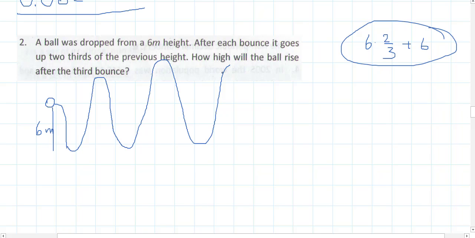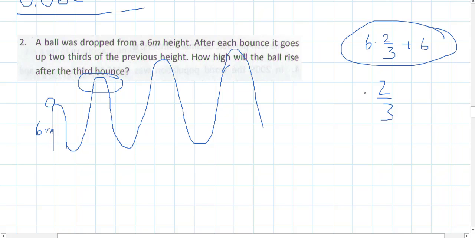So we need to find after the third bounce how high the ball will rise. So here, after the first dropping, it is 6 times 2/3 plus 6, and then we need to multiply it by 2/3 again and add the previous height, and so on.